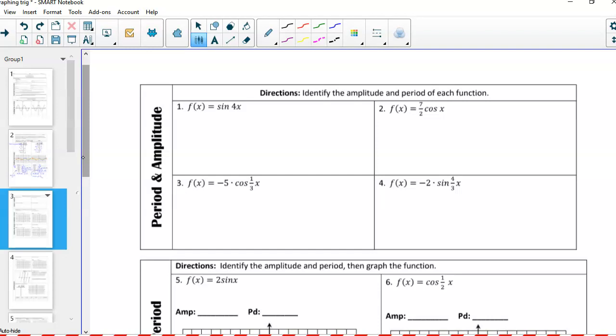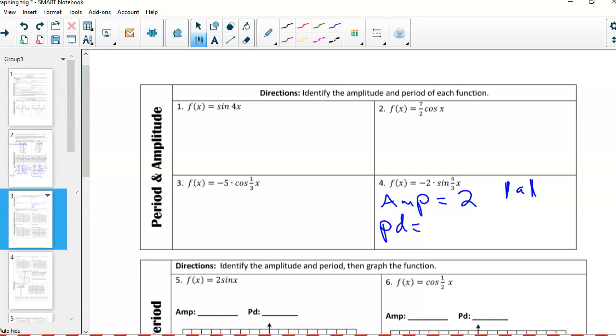Let's do this one. What would the amplitude of this be? Can't be negative. And it's always the number that's being multiplied to the front. 2. So it's just 2. So it's always the absolute value. We just never include the negative because it's distance. And then for your period, we have a b now.